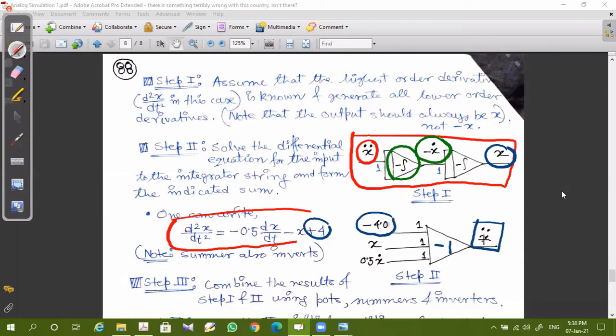Understood? So at the output of this summer, it will be +4. Then what do we have? Then we have -x. So to get -x, we need to incorporate simply x. Okay? Then what do we have?